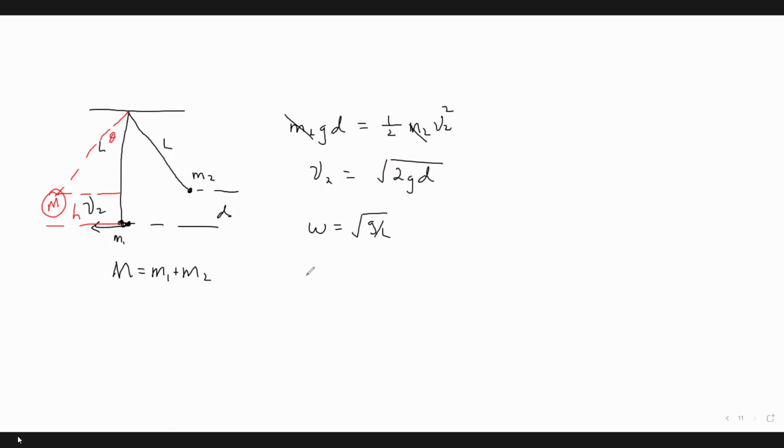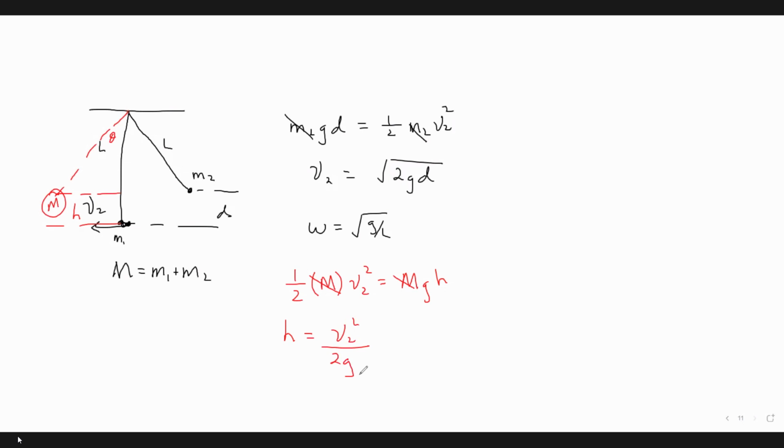So we're going to have 1/2 capital M, which is M1 plus M2, times V2 squared must equal big M g h. Well, the M's cancel, and the height h is going to be given by V2 squared over 2g.